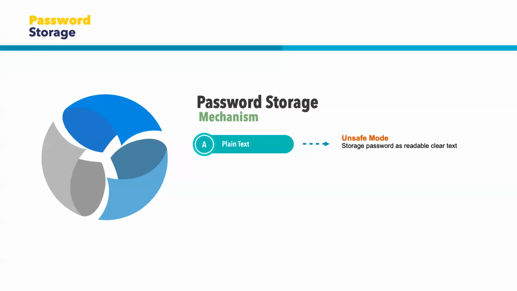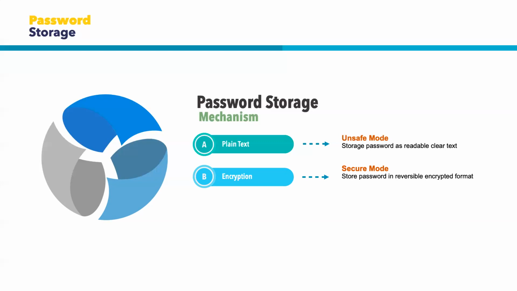It's very dangerous. Another concept of storing passwords, which I think most of us are familiar with, is called encryption. Encryption is where we encrypt the password and then store it in the database. Well, this is secured, but not really the best approach. Why? Because once you encrypt, you can also decrypt.